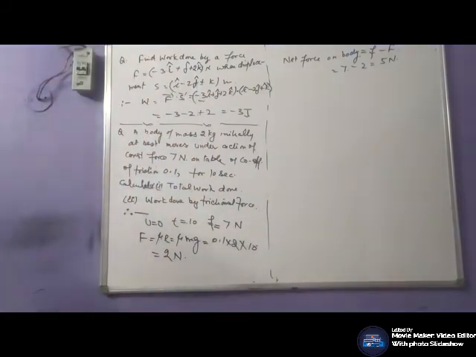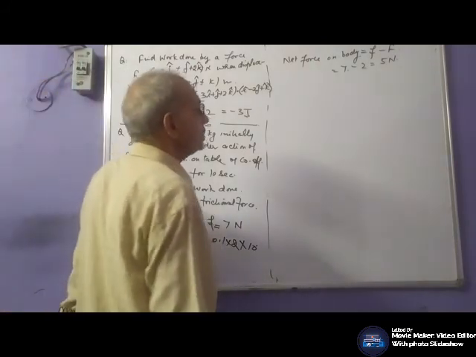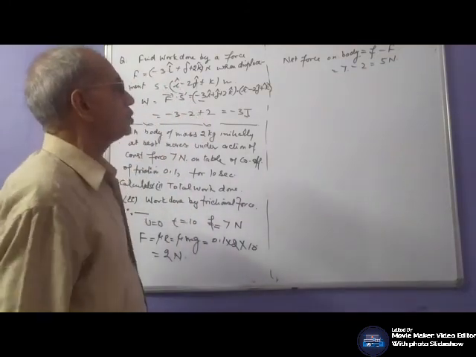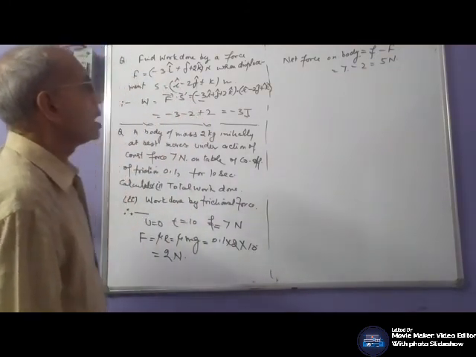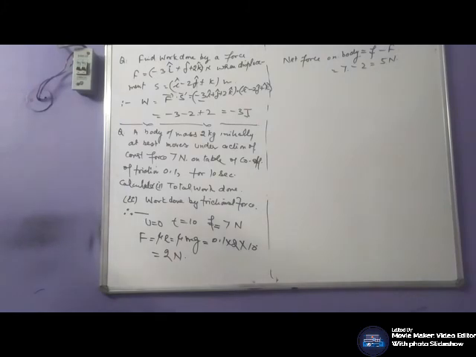Work done is Fs. This means we have to find S. So S is ut plus half at square.